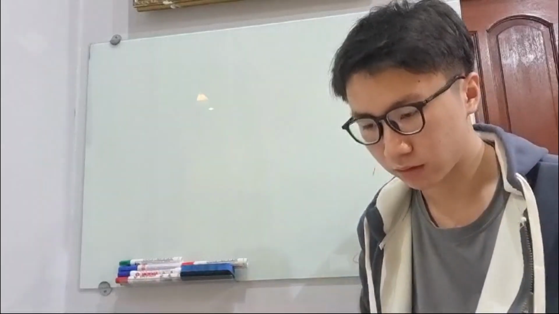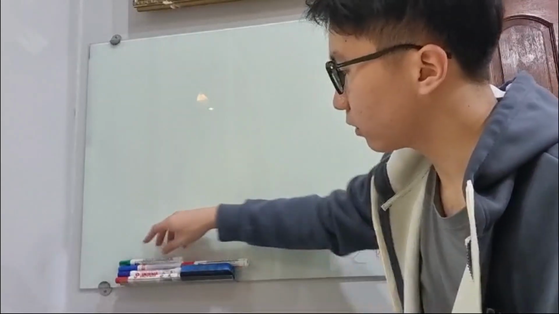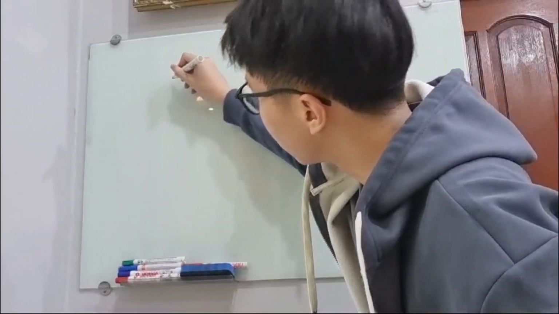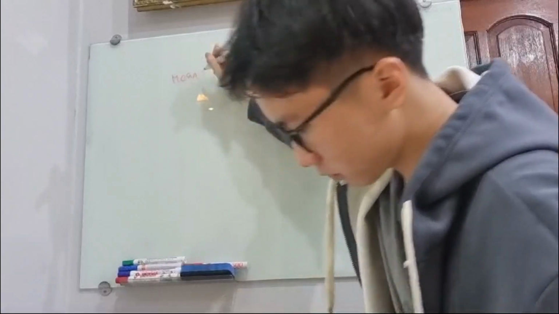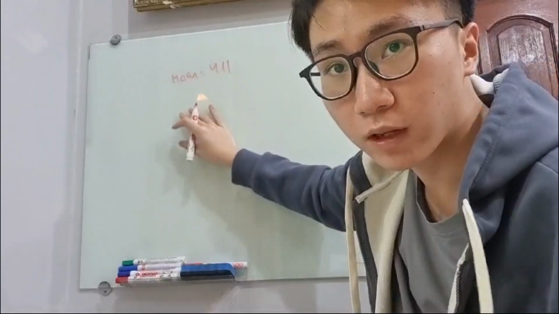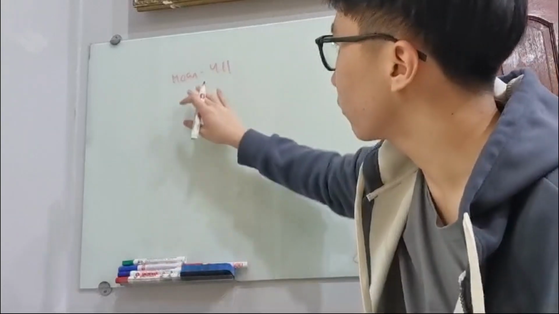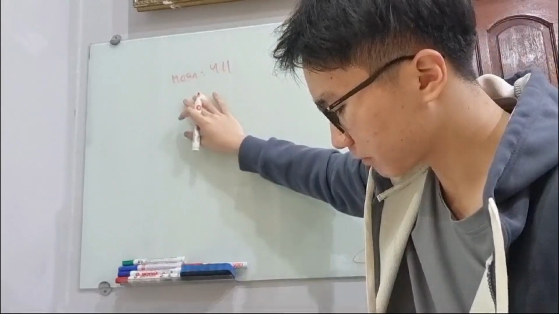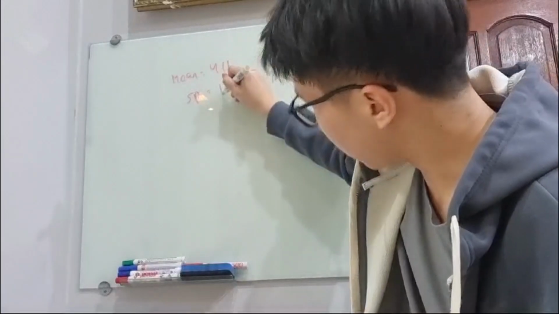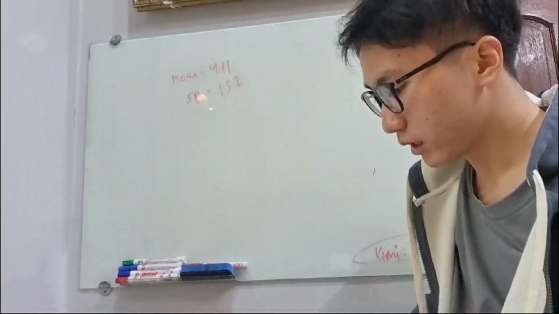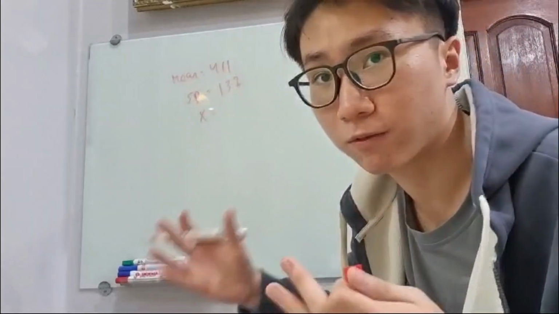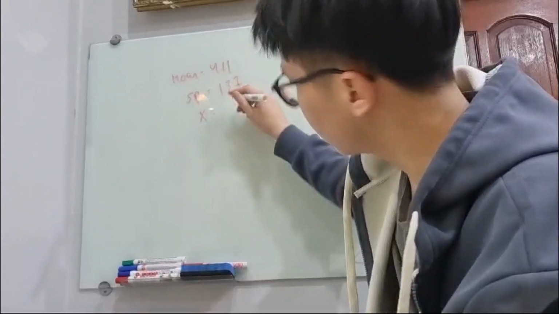So in this case, we'll write down all of our given data: the mean $4.11, and then the standard deviation, which is $1.37, right? We also have the spending threshold, which is the X score, the one we want to test for, and it's $3.